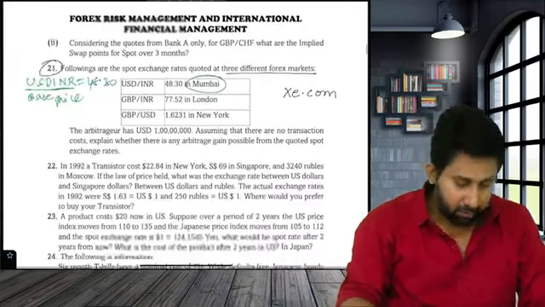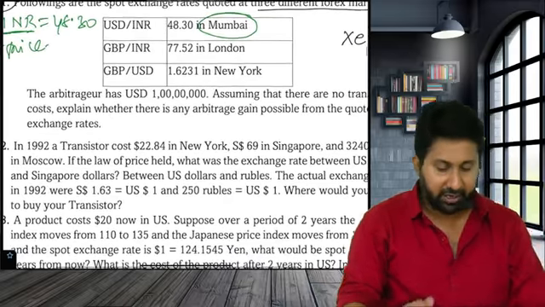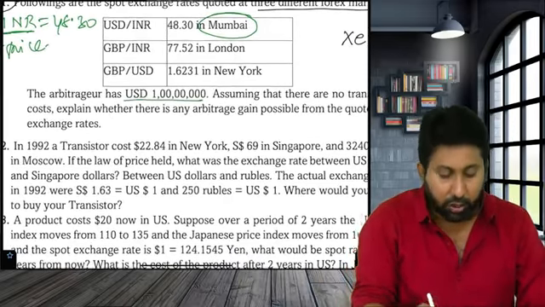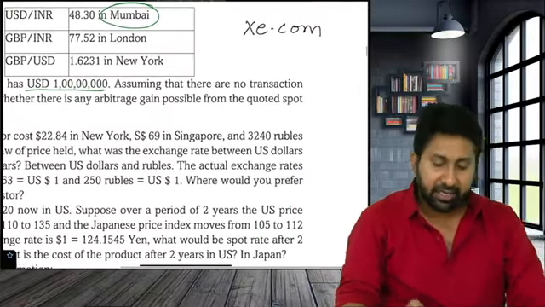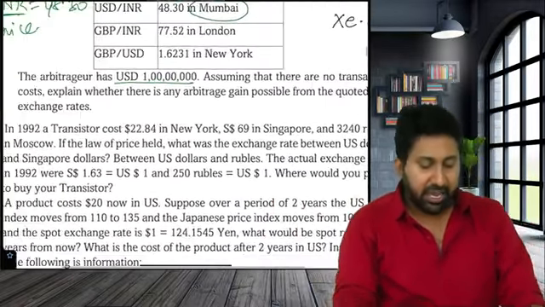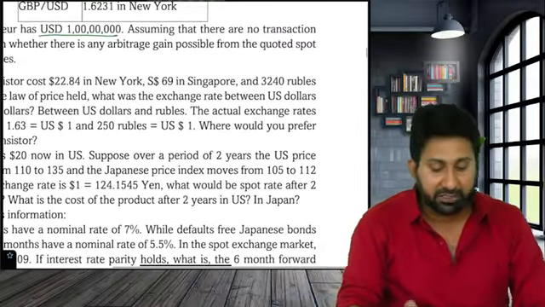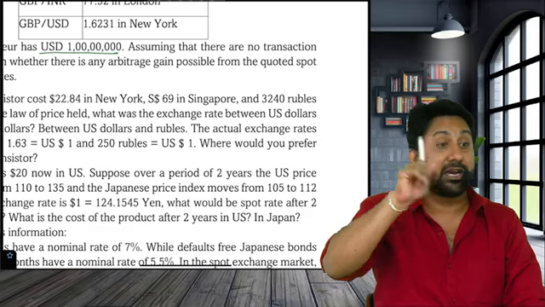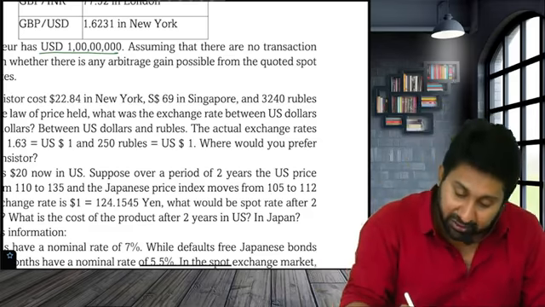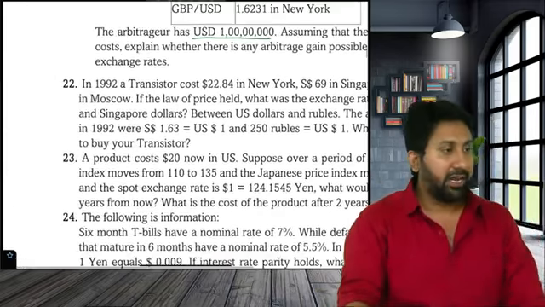Now, there is an arbitrageur who has 1 crore US dollars. Assuming that there are no transaction costs, explain whether there is any arbitrage gain possible from the quoted spot exchange rates. That's why these are called quoted currencies. I told you, that's why you use the words quoted spot exchange rates.